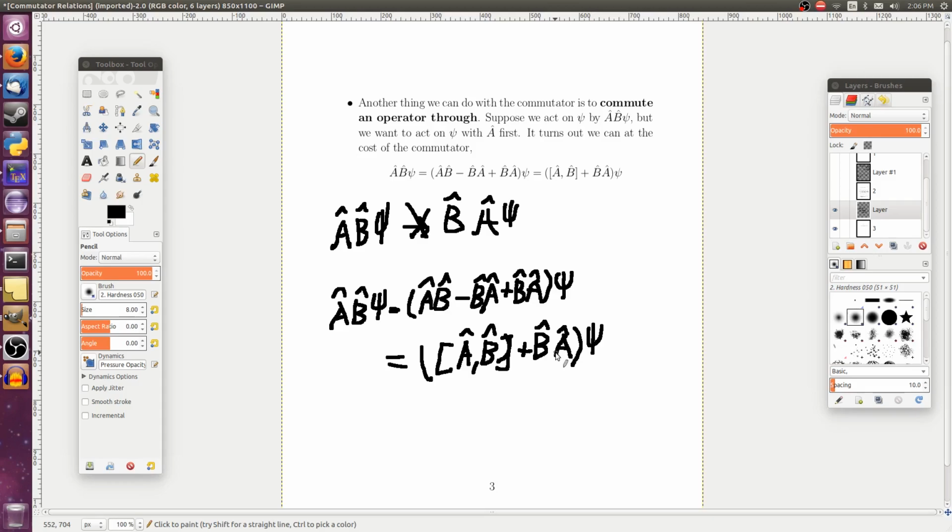So this trick is particularly useful whenever the commutator has a nice simple form, like the commutator of x and p, which was just equal to i h bar. As we'll see in future videos, that's going to come up. We can actually commute operators through and arrive at some really nice results.